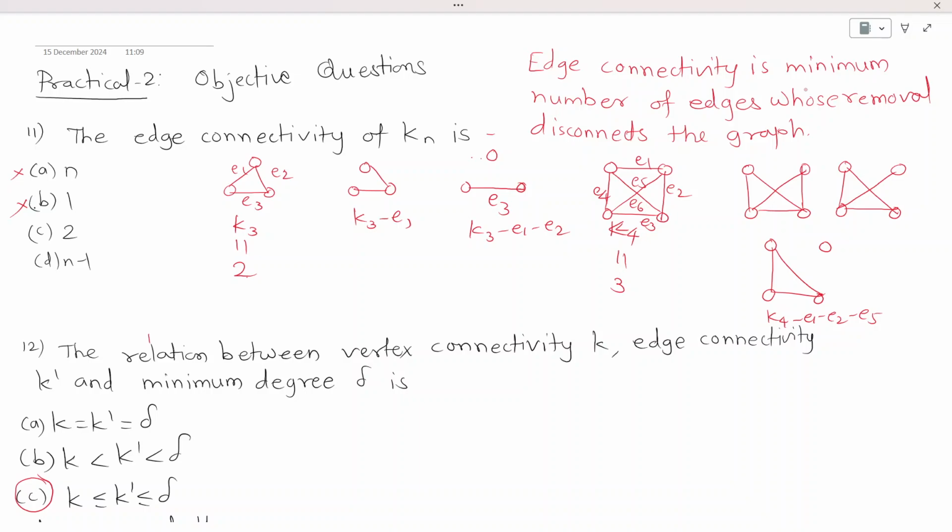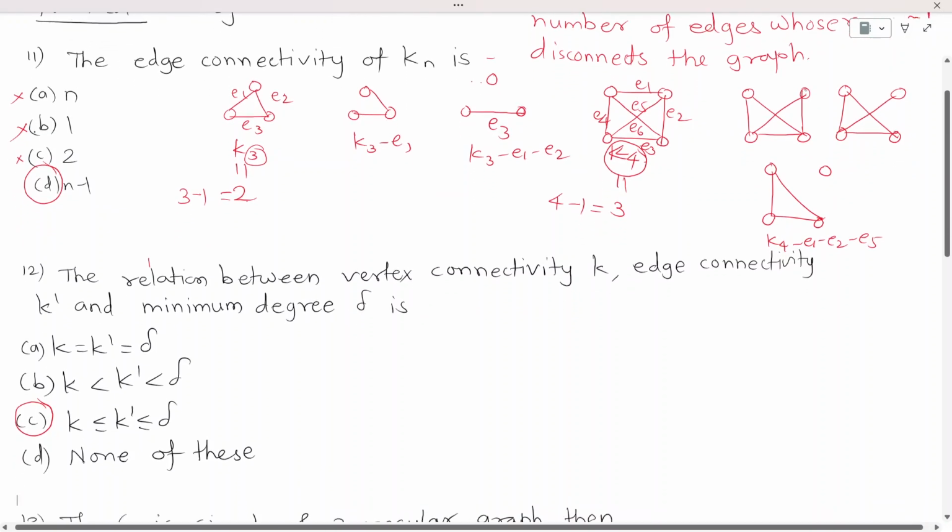But K4 has edge connectivity 3, so option C is also incorrect. We can observe that for K3 the edge connectivity is 2, that is 3 minus 1, and for K4 the edge connectivity is 3, that is 4 minus 1. So we can conclude the edge connectivity of Kn is n minus 1. So option D is the correct option.